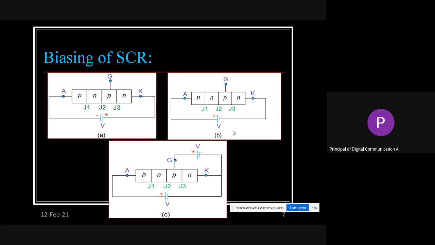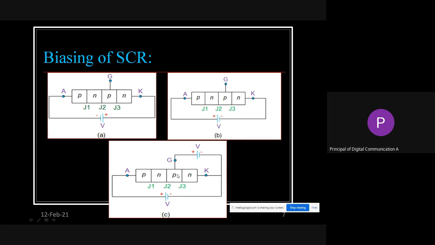At the same time, if you modify figure B to figure C, here the anode is connected to positive, same as figure B, and the cathode is connected to negative, same as B. But additionally, they have given the gate voltage, or supplied the gate current, by using this biasing.